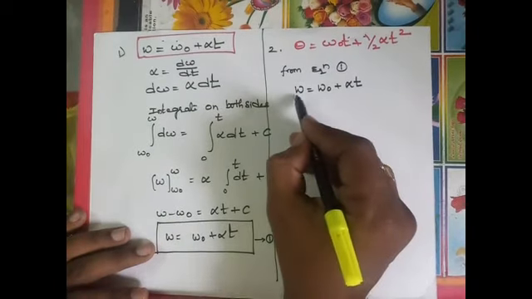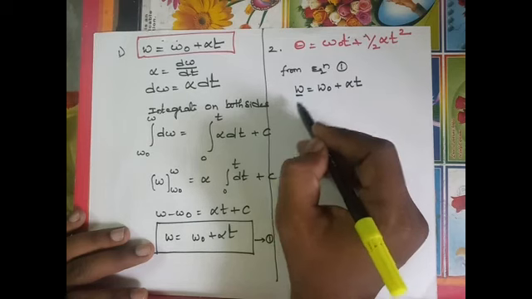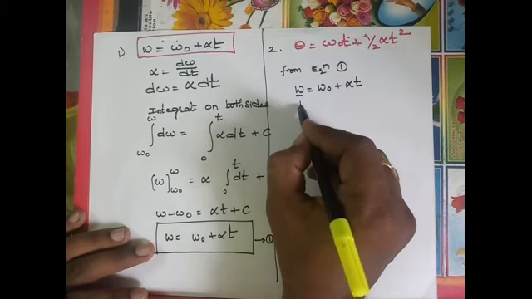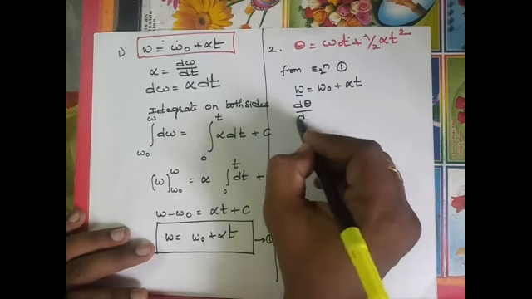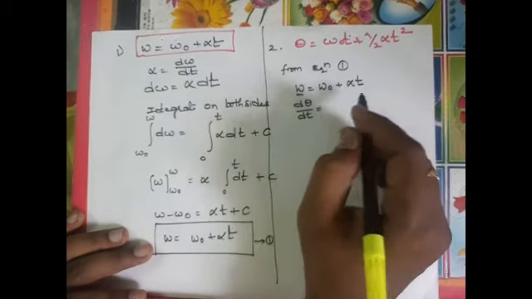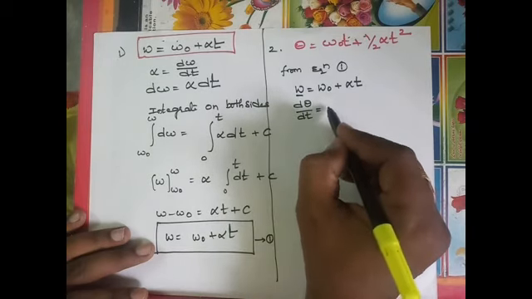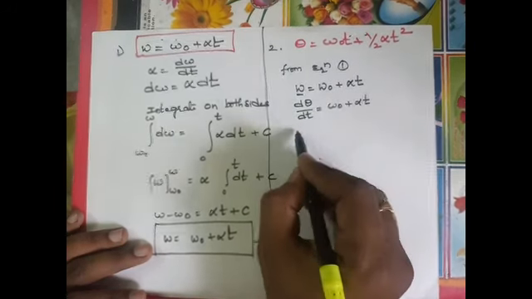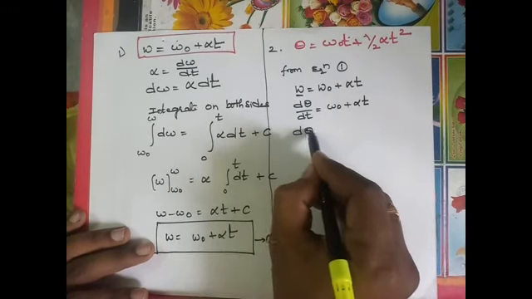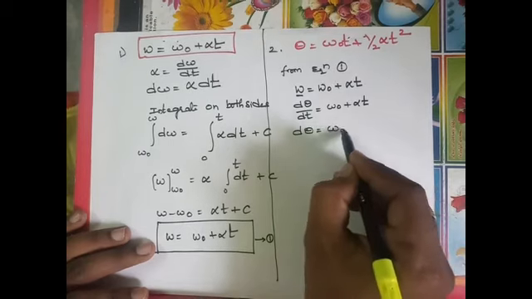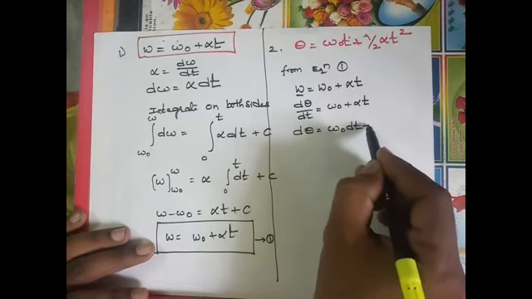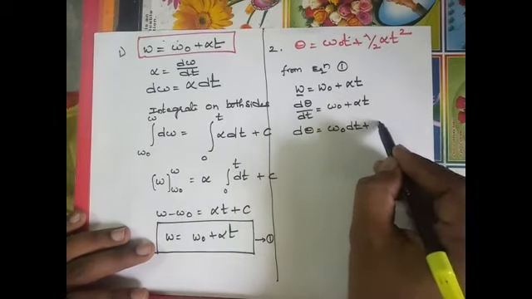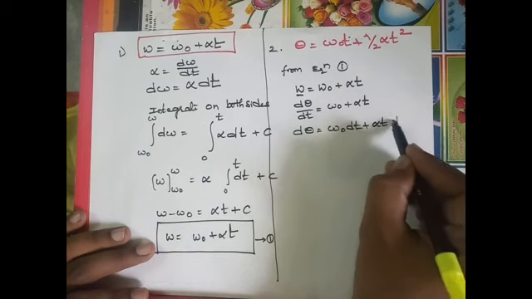Here, how can we write omega? It is nothing but the rate of change of angular displacement. This can be written as d theta by dt equal to omega naught plus alpha t. Multiplying, we get d theta is equal to omega naught dt plus alpha t dt.